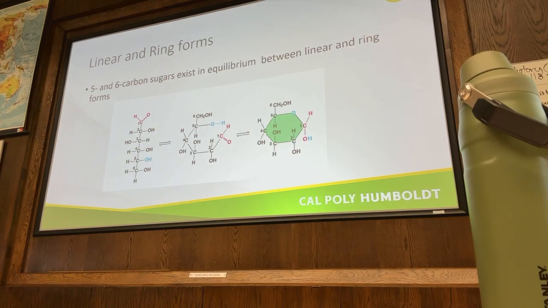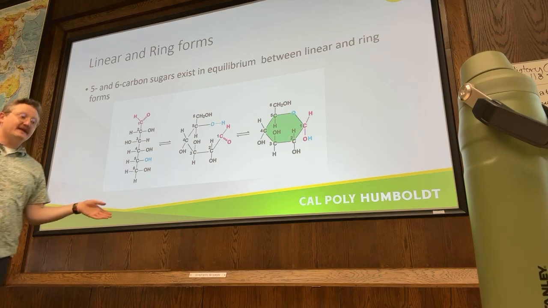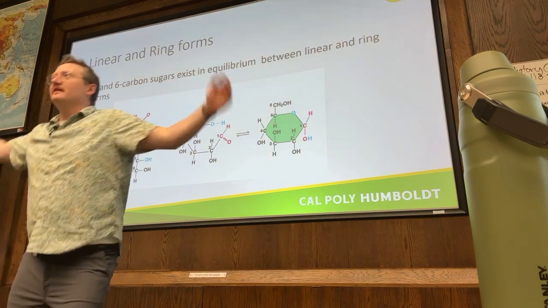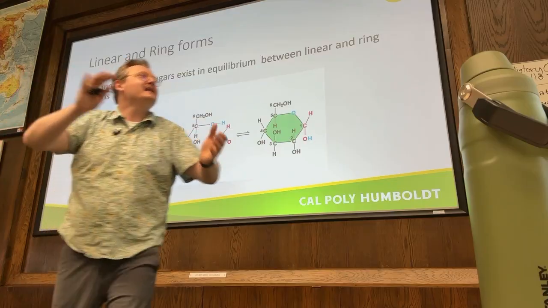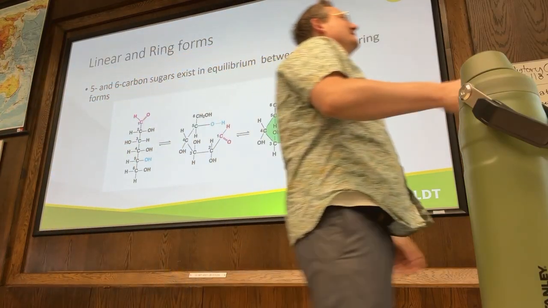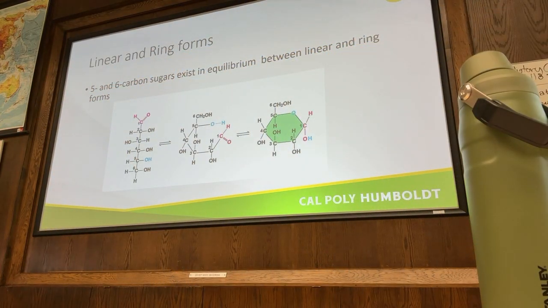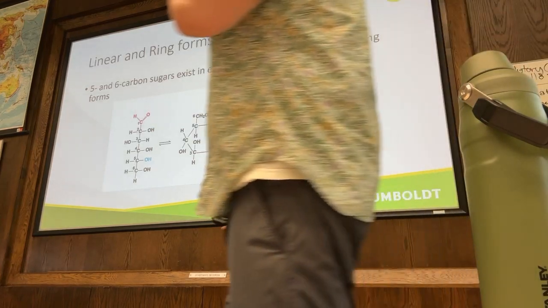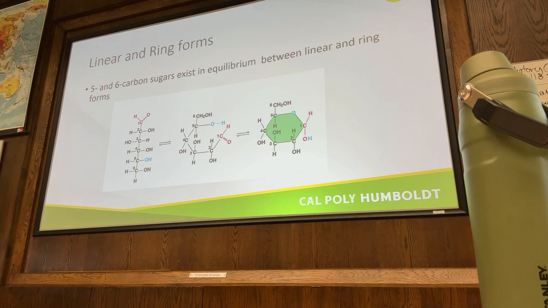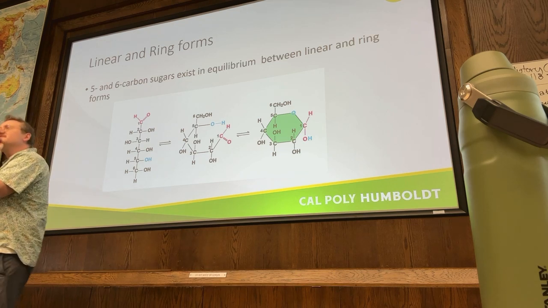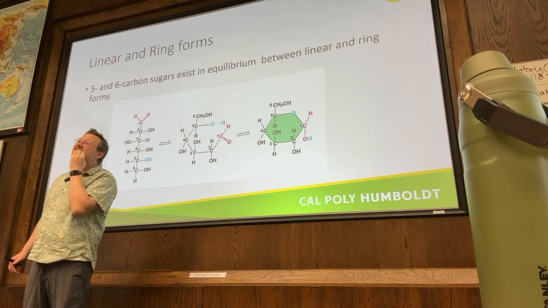All right. If the carbohydrate is big enough, then it can be a linear form and then snap into a ring form. All right? And it'll exist in some sort of equilibrium between the linear and the ring forms. We really are not going to talk about this very much, but for biochemistry or for a better understanding of metabolism, it is important.